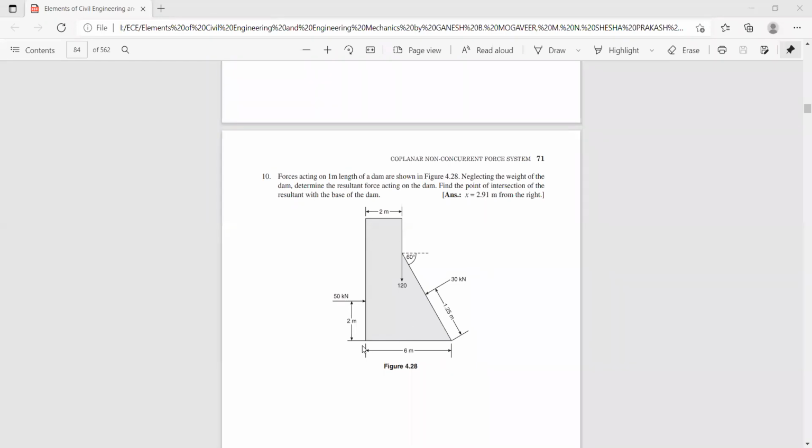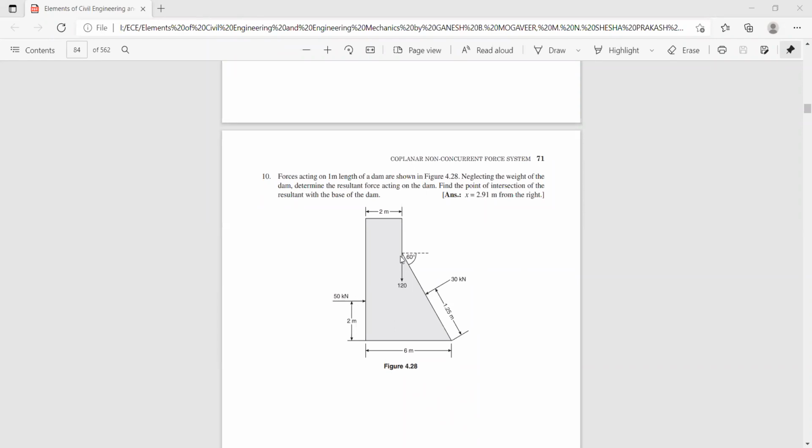Now first let us consider the reference axes x and y. Then we shall find the sum of horizontal components, sigma Fx. In this case, sigma Fx is 50 minus 30 cos 30. Next is sigma Fy.